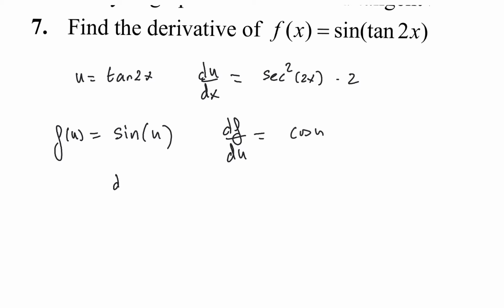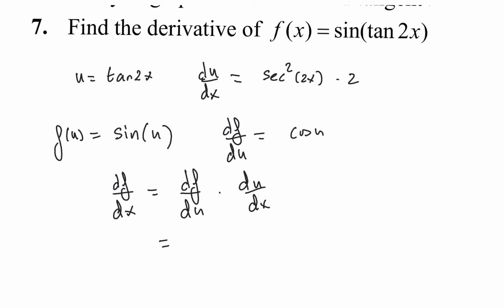So we apply our chain rule that says that the derivative of f with respect to x equals the derivative of f with respect to u multiplied by the derivative of u with respect to x. We plug in our result, the derivative of f with respect to u, cosine of u. But what is u? U is tangent of 2x.